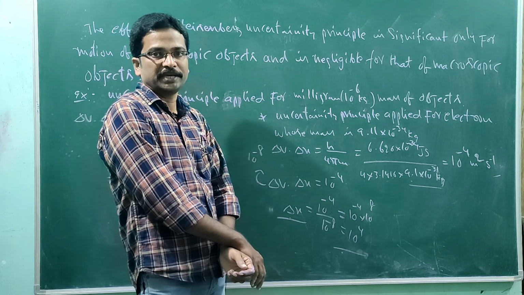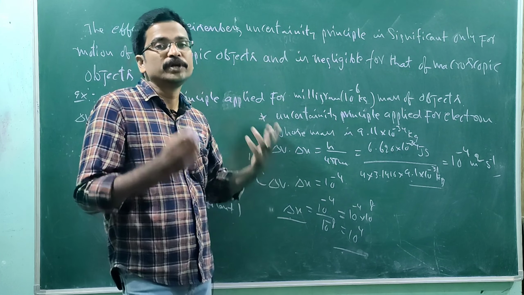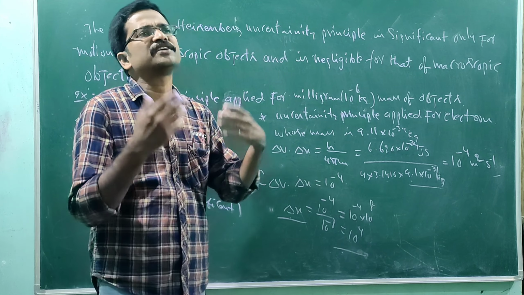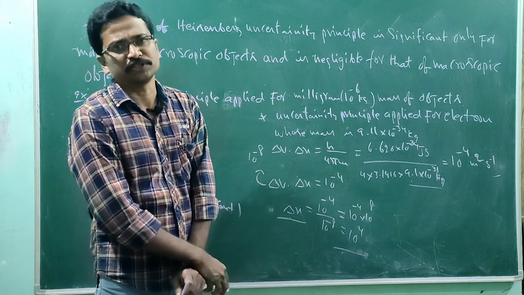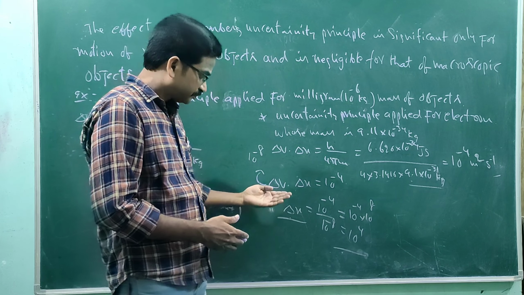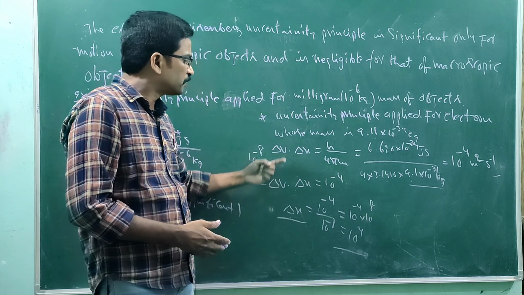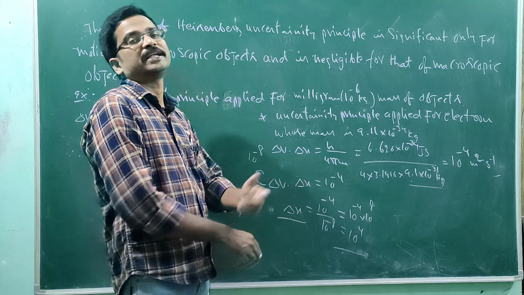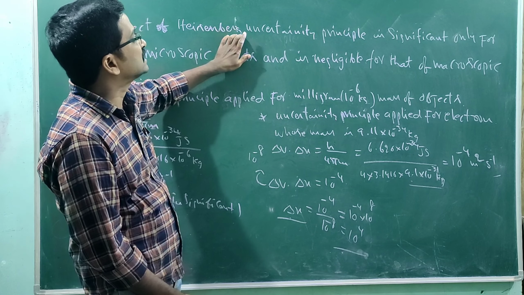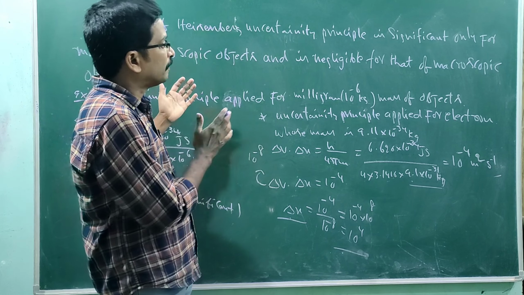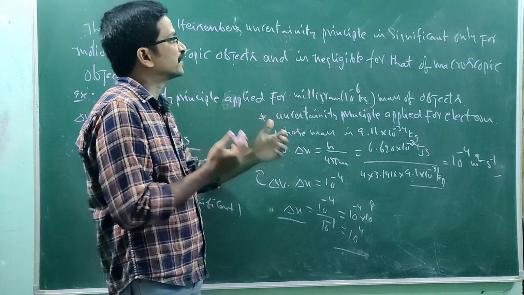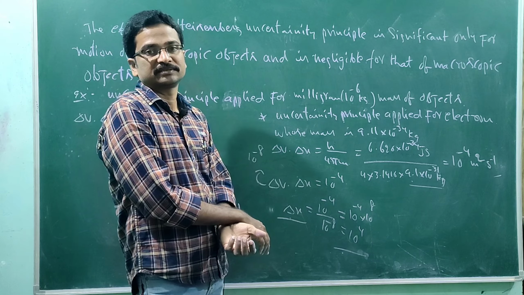According to Bohr theory, we can determine position and velocity. There are different equations in Bohr theory to determine velocity and position. But here we cannot determine position and velocity simultaneously. So whenever this Heisenberg uncertainty principle came into the light, Bohr theory's significance was lost.